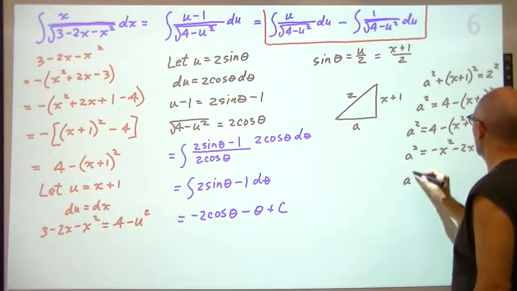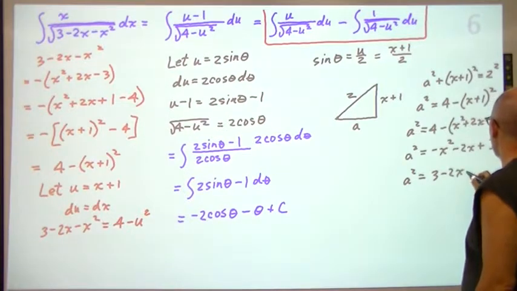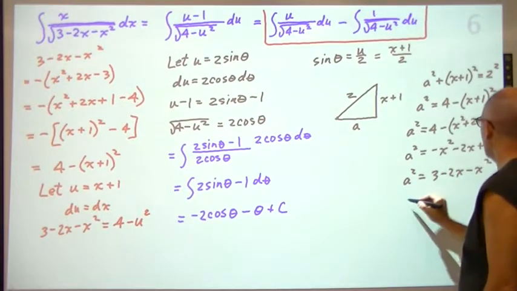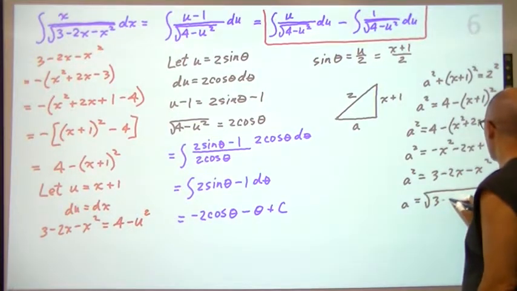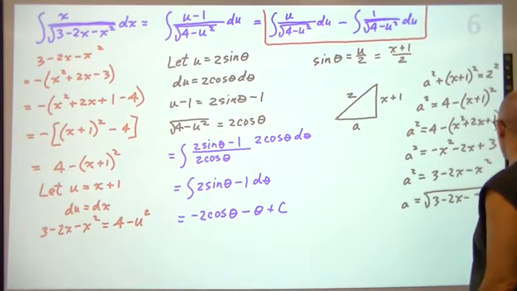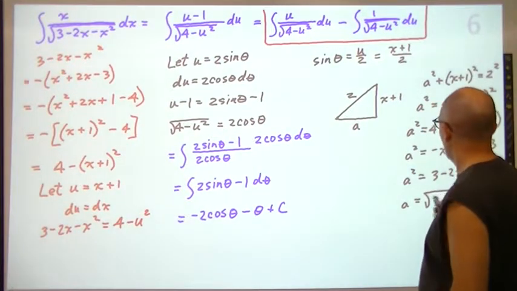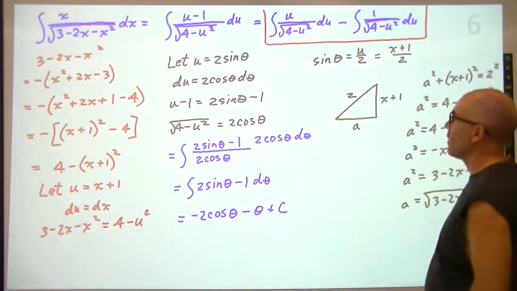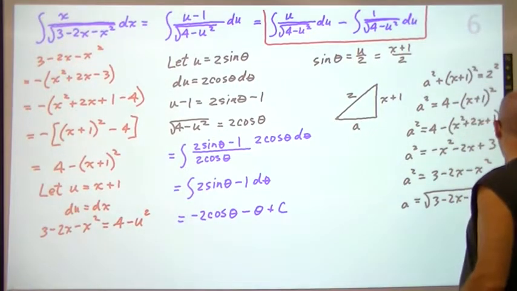If we want to, we could put this back into 3 minus 2x minus x squared. And so that means a equals the square root of 3 minus 2x minus x squared. I hope you're starting to see that pattern, that one side is always going to be that radical that we started with originally.